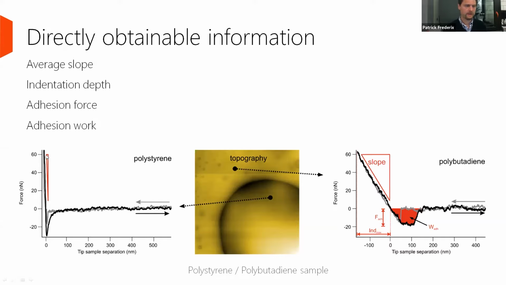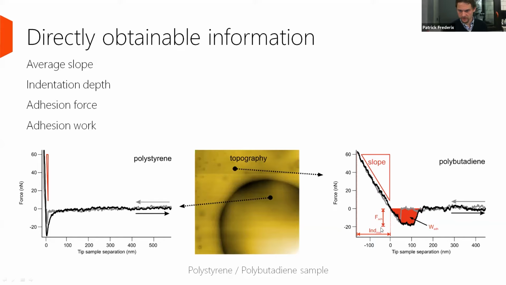You also get an idea of the indentation depth that you have. This is a very important control parameter, particularly if you're measuring on thinner samples where your indentation should not exceed about 10% of the sample thickness.